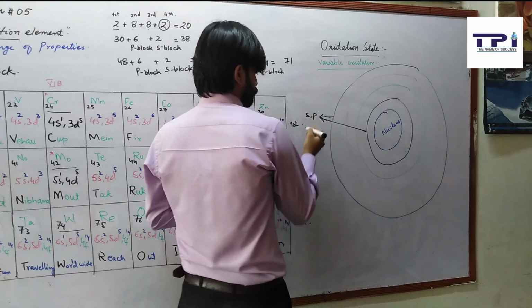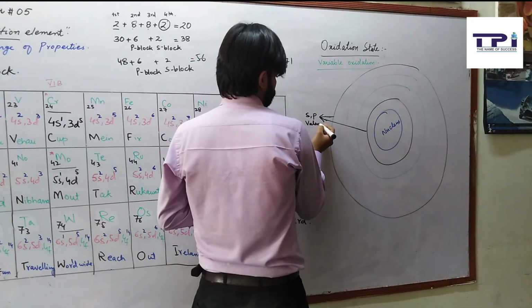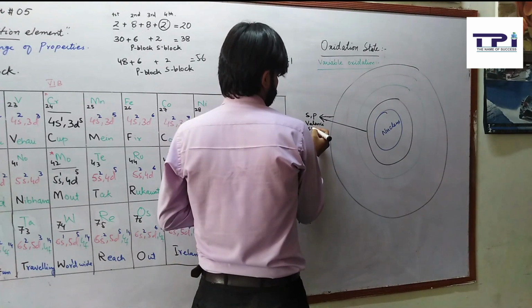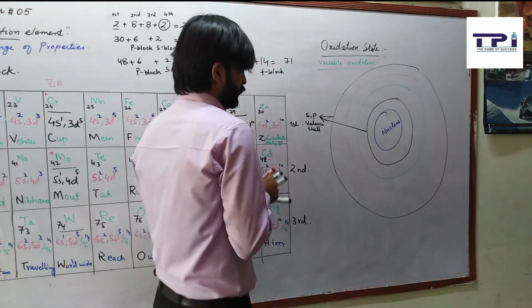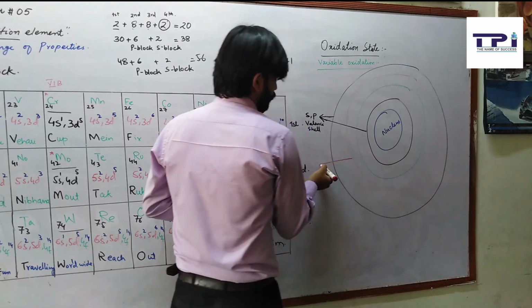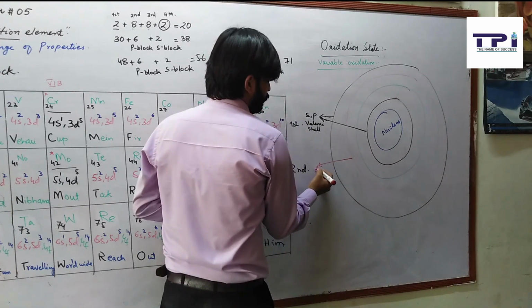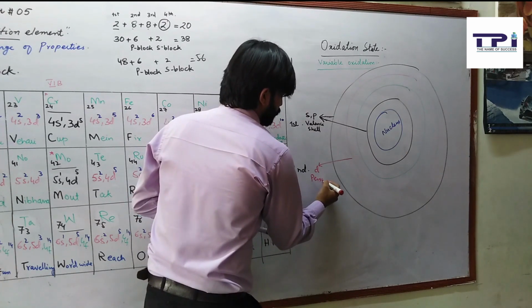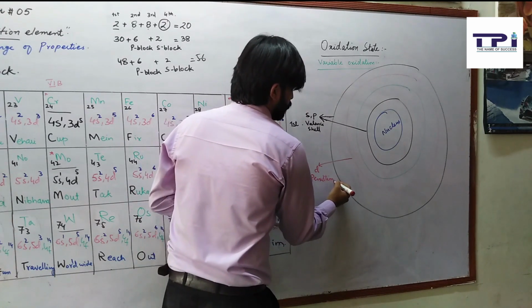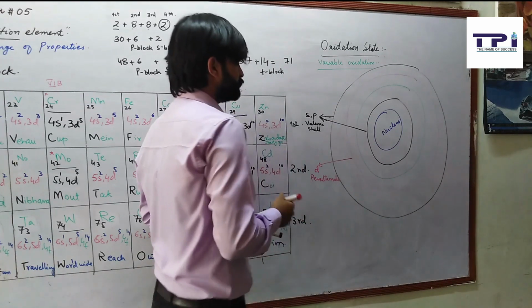This is known as your valence shell, which has S or P orbits. Then this red line is for D, that is also known as penultimate orbit.